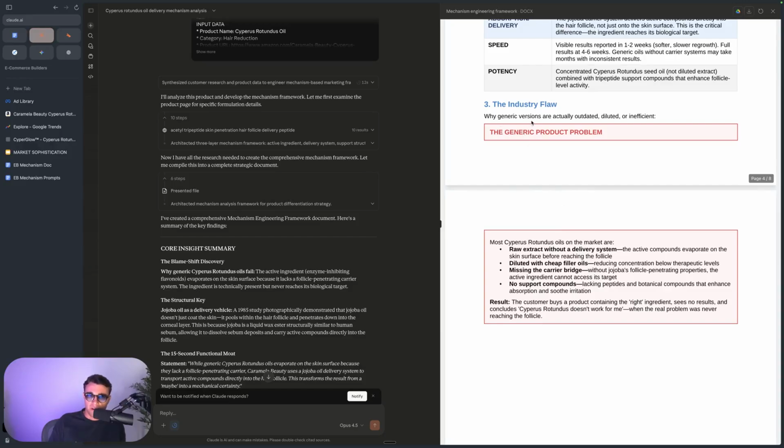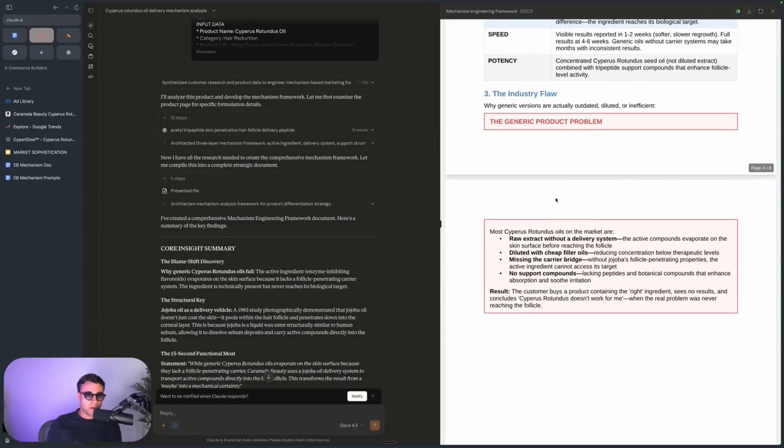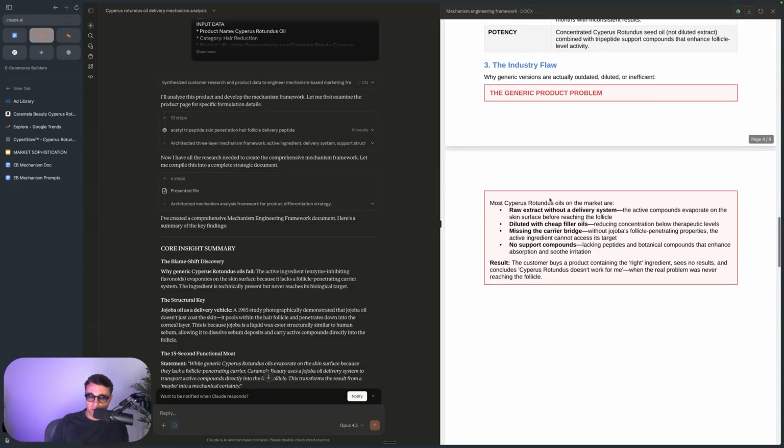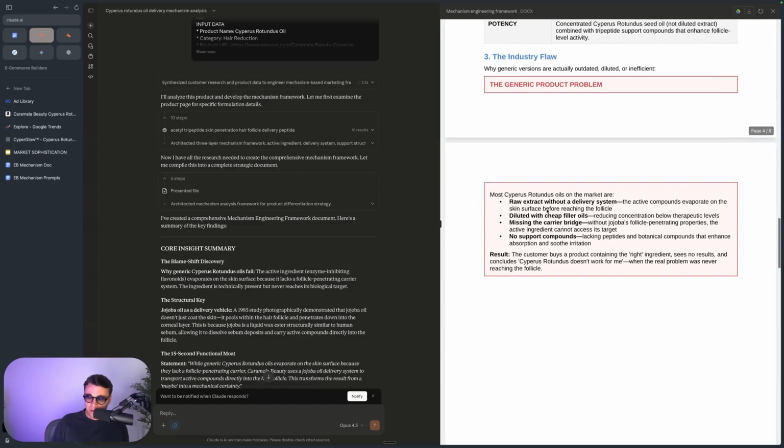Why generic versions are outdated, diluted, or inefficient. So now we're almost doing a comparison of our products, so our serum versus others that are on the market, and how we can make ours stand out through the mechanism that we're using. Most Cyperus rotundus oils on the market are raw extract without a delivery system.